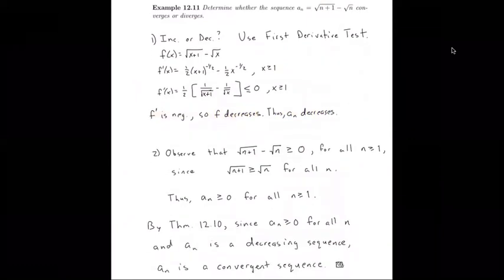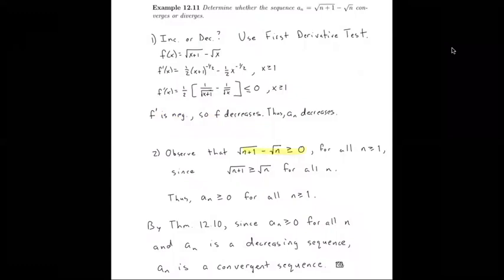Okay, next up, we observe that root n plus 1 minus root n is greater than or equal to 0 for all n. And the reason we know that, again, this is given in the explanation, and this is a really well-written answer in that regard. Everything is justified. If you're not sure, show a step to justify it. Add a line to justify your claim.